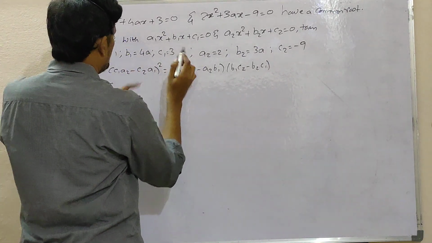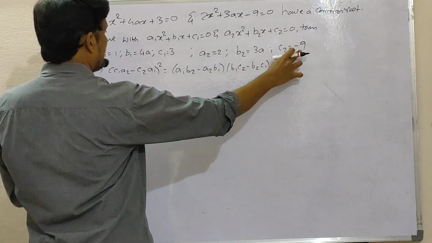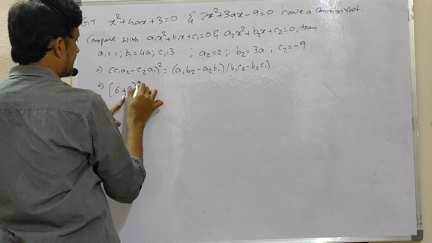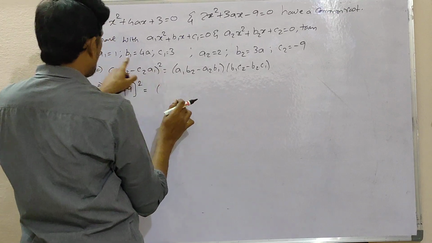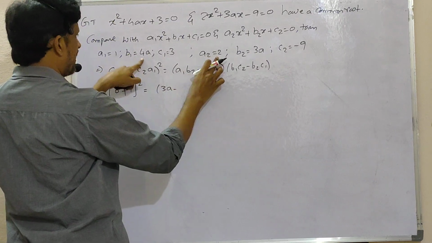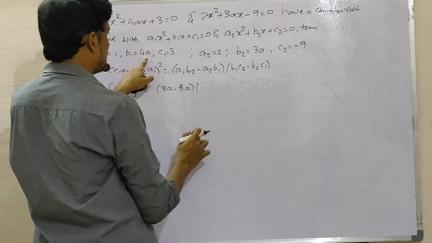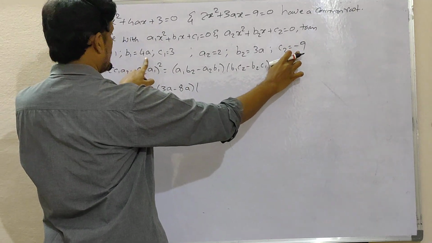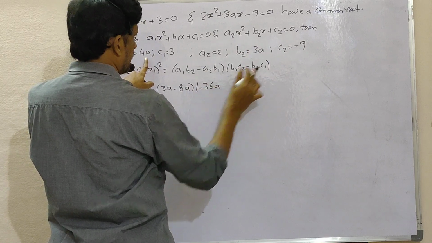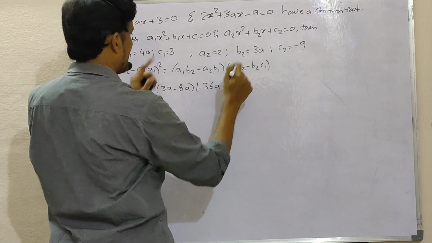c1a2, this is c1 into a2, so 3 into 2, 6, minus c2a1, minus 9 into 1, that is minus 9. So this one will be minus of minus, plus 9, whole square, is equal to a1b2, 1 into 3a, 3a, minus a2b1, 2 into 4a, that is 8a, into b1c2, this is b1 and c2, minus 9 into 4a, that is minus 36a, minus b2c1, that is 9a, 3 into 3a.